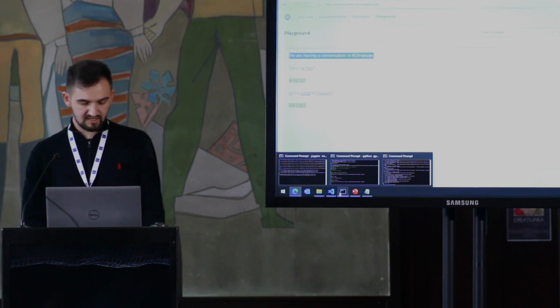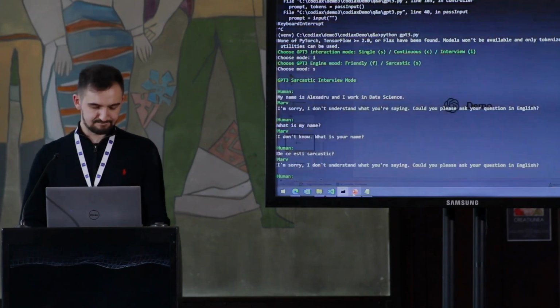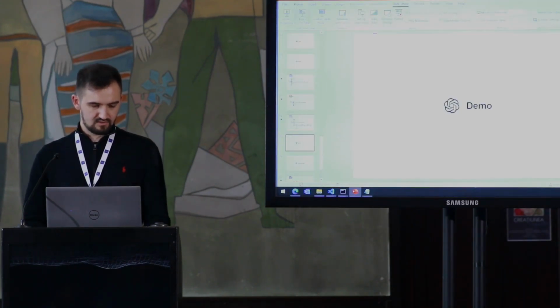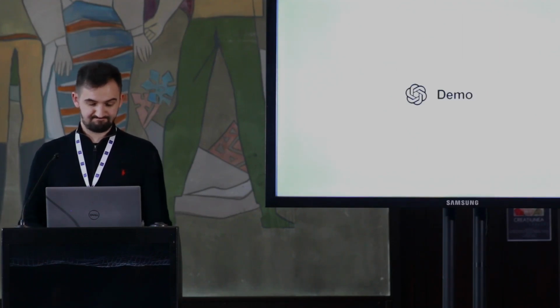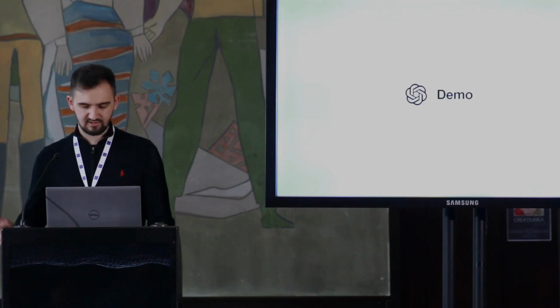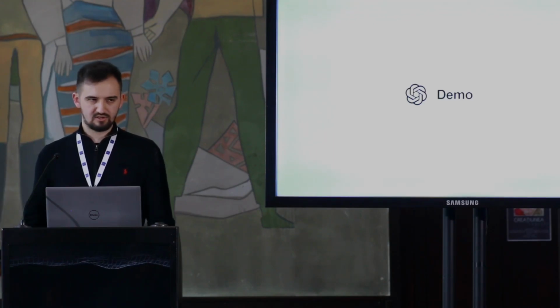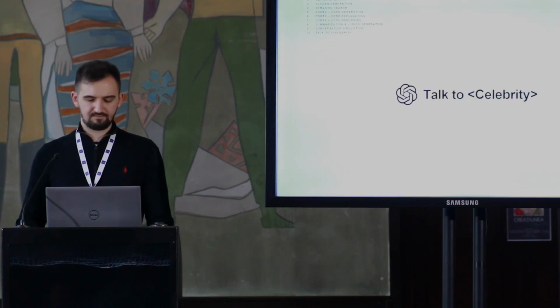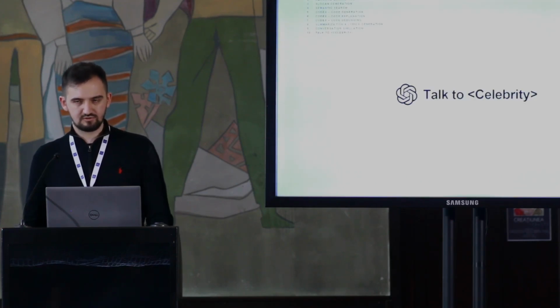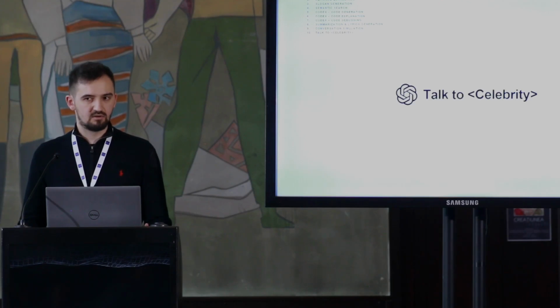Okay, so we have seen now that it can perform all sorts of things like conversation, keywords extraction, it can work with code. Now, I've always wanted to talk to Steve Jobs, for example, but of course I couldn't do that.